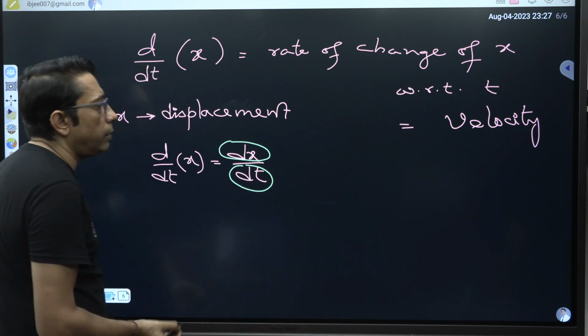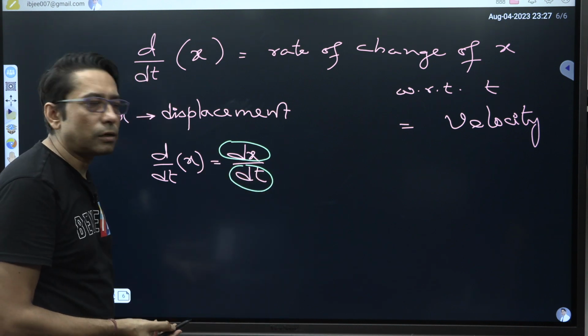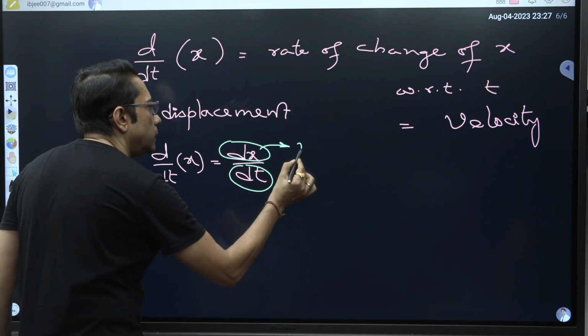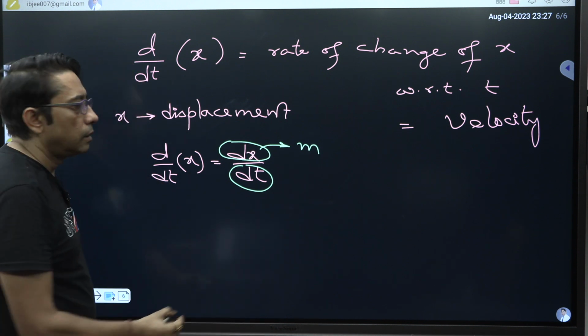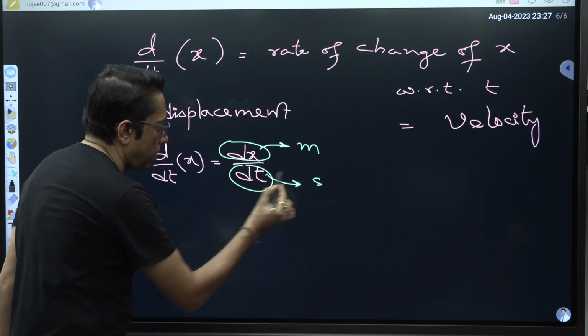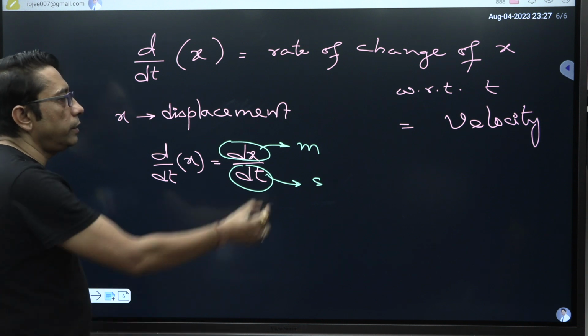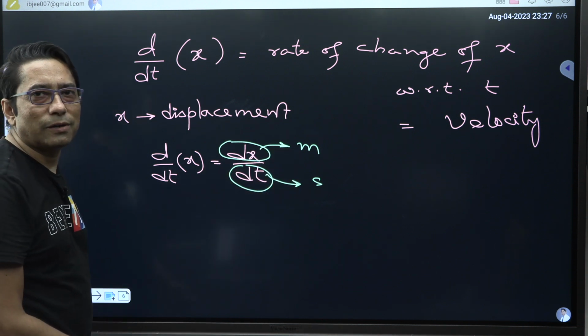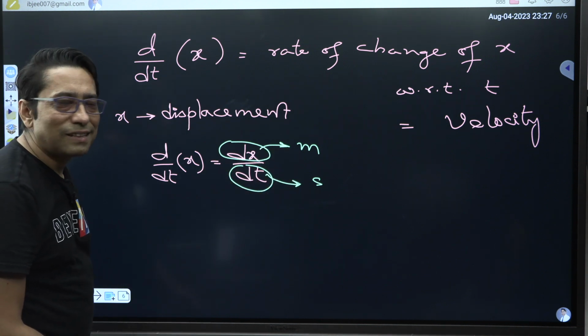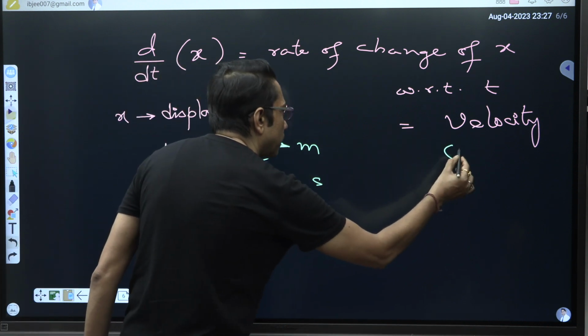So displacement by time. Just think of the unit. What will be the unit of dx? Meter, and dt is second. So which quantity is represented by meter per second? Velocity. That's why it is velocity.